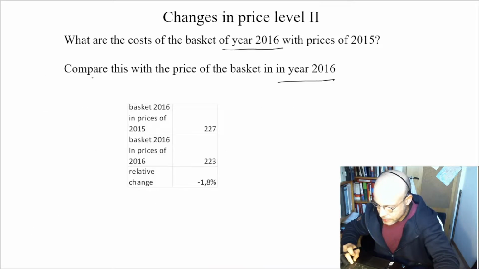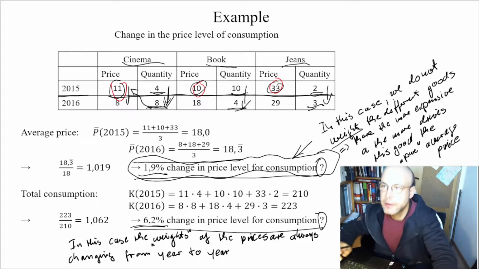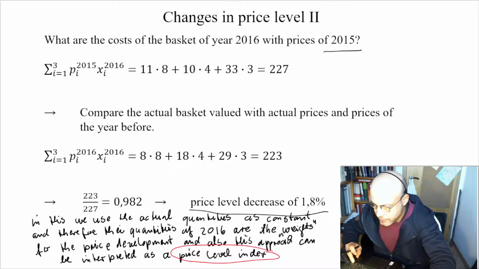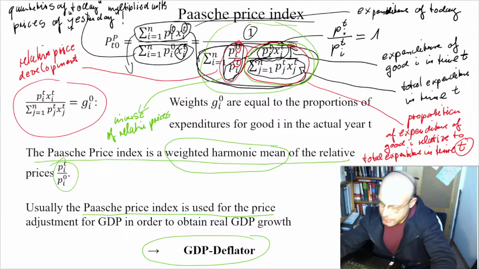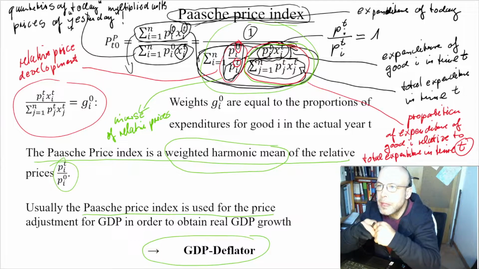In this case, we calculated the quantities of 2016, 8, 4, and 3 with the prices of 2015. This was introduced by Paasche some 100 years ago. And these are two logical possibilities for how to create a price level.